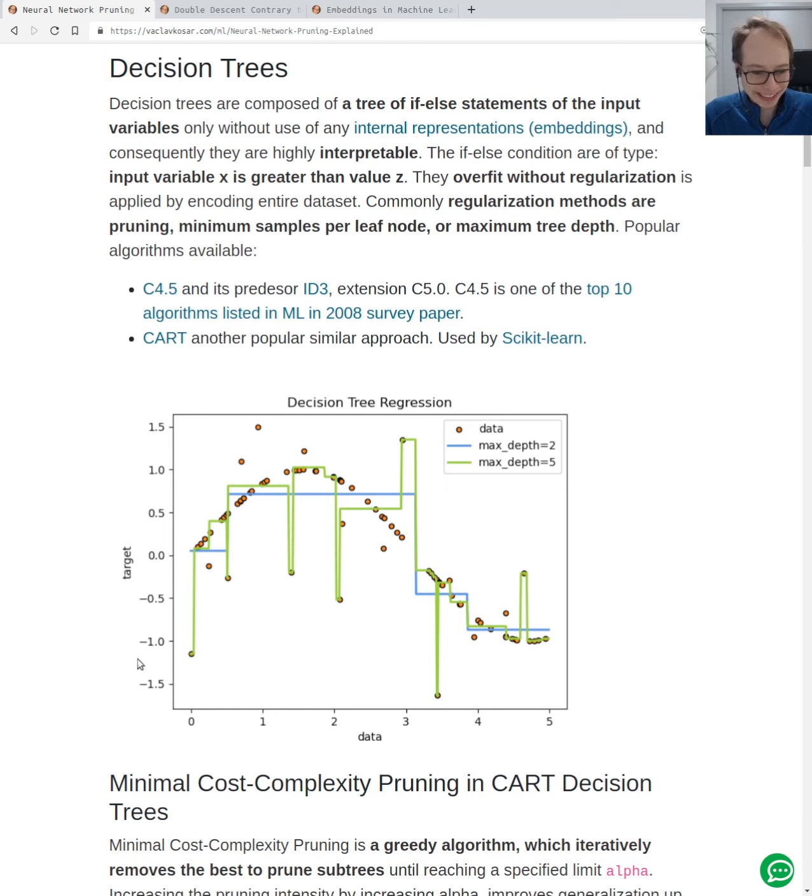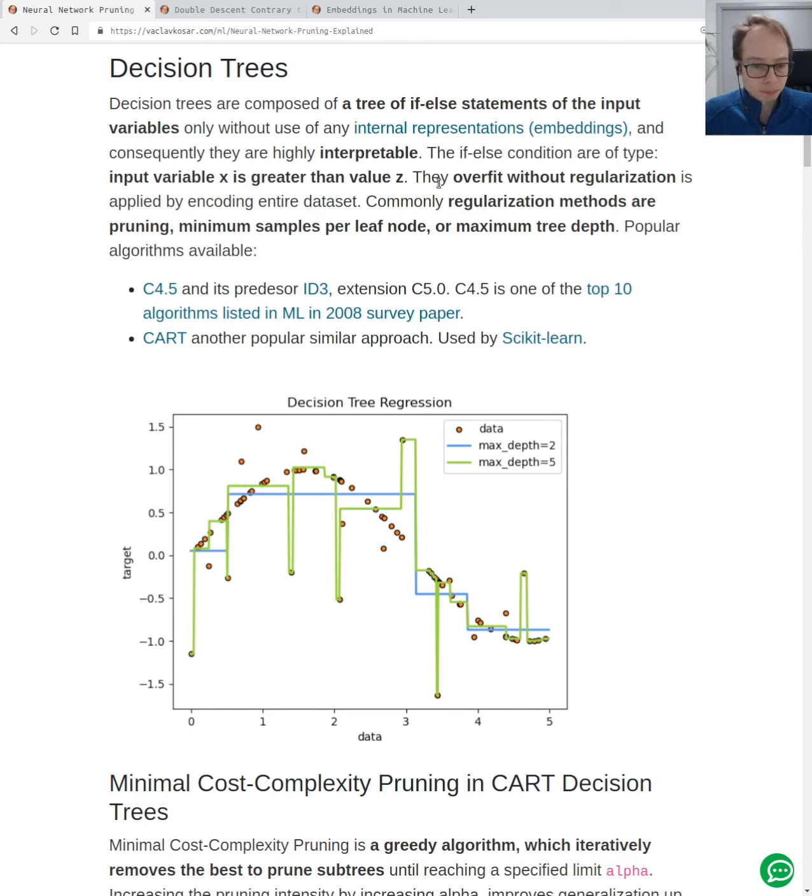On this picture we can see what the decision tree graph can look like. If we have a depth of 5, we can see that the decision tree can be fitting some very noisy training data, which maybe we don't want. Maybe we want to just fit the general shape, and that's what's called generalization.